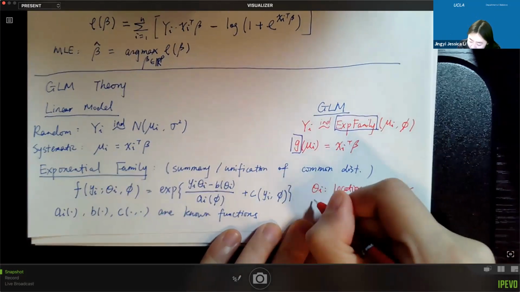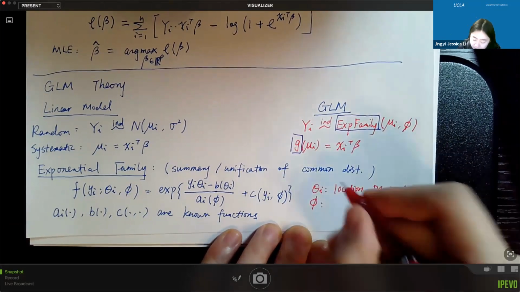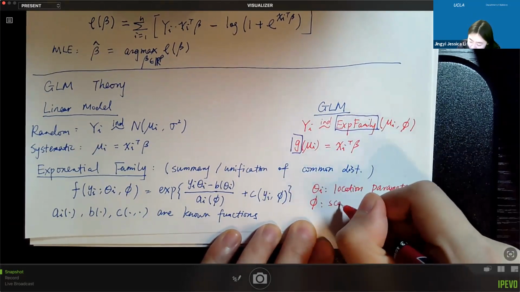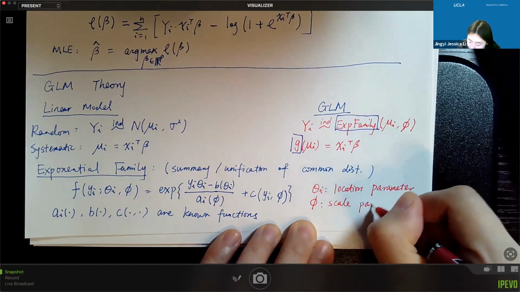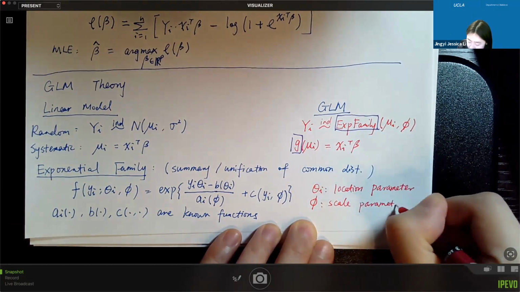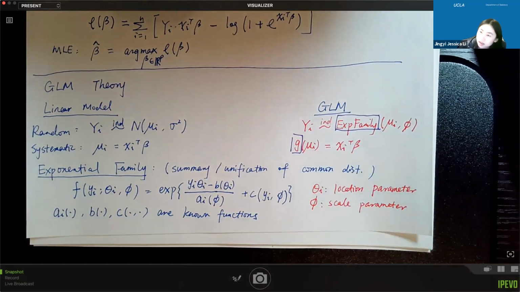And this phi can be considered as the scale parameter. The scale parameter has special cases such as the variance, or for some distributions, you can consider it as the distance between the first quartile and the median, or the third quartile and the median, if that distribution does not really have the mean or the variance defined.